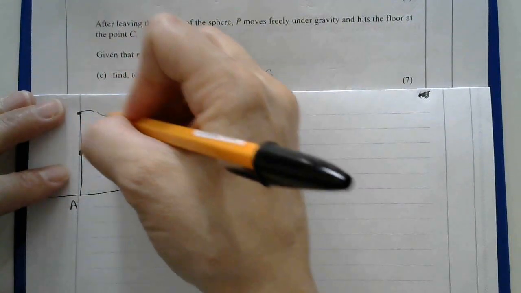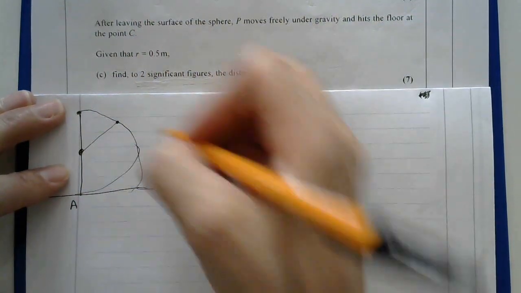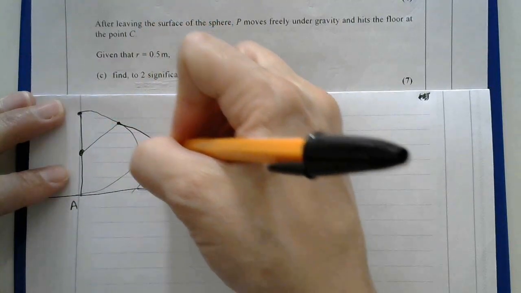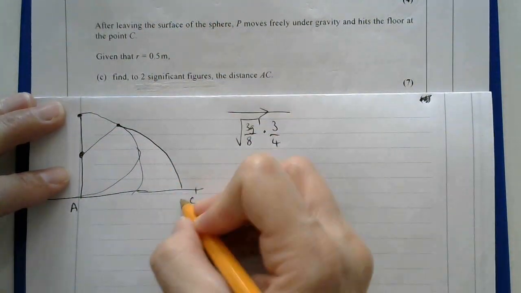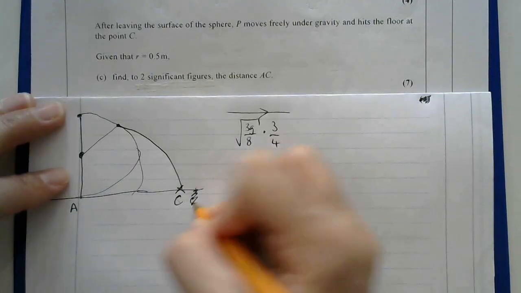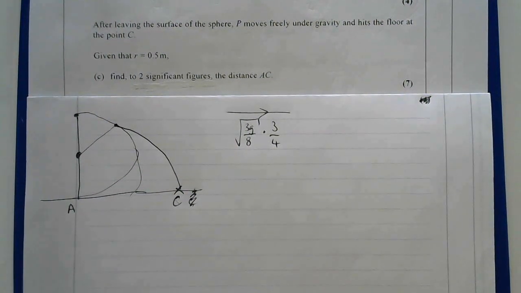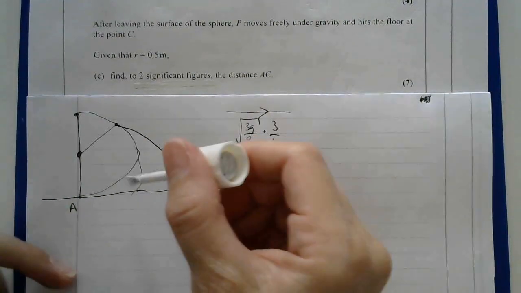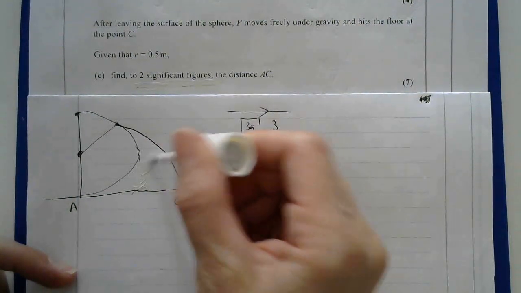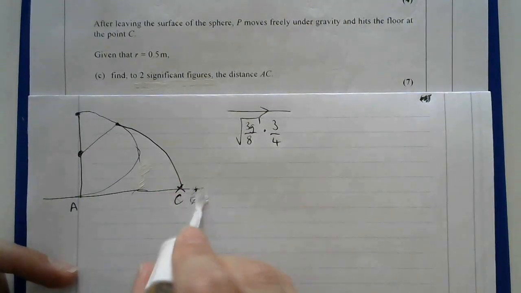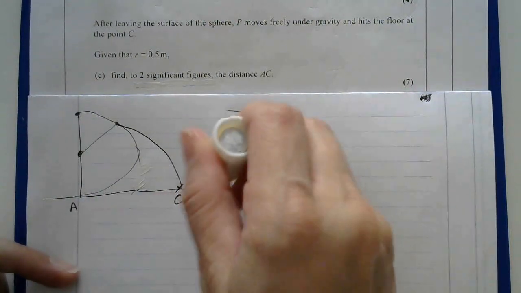So you've got the surface of the sphere, and then what the particle does is it just leaves and will land there at C, and as you can see, art is not my thing. Okay, I hope that's reasonably clear.